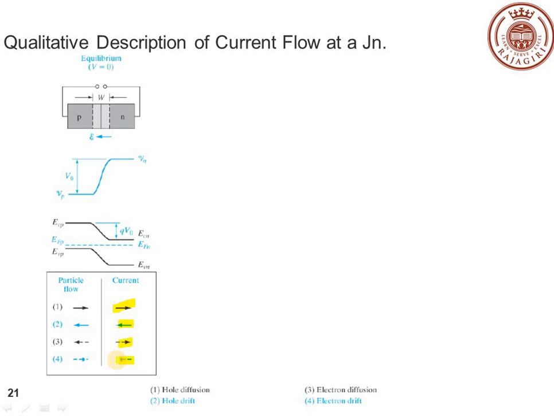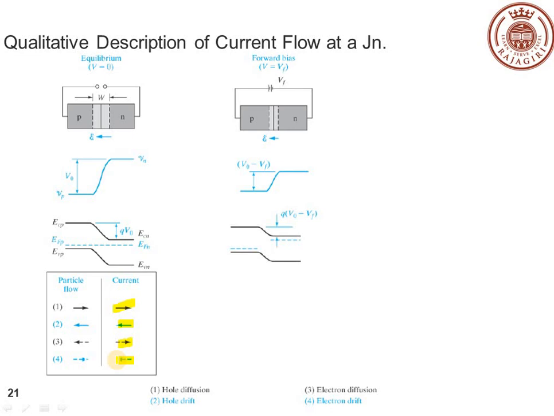But once you apply forward bias, the middle transition region will be narrow and the potential barrier at the junction will be lowered. Earlier we had a potential barrier of Q into V0, but now we have a potential barrier of Q into V0 minus VF.